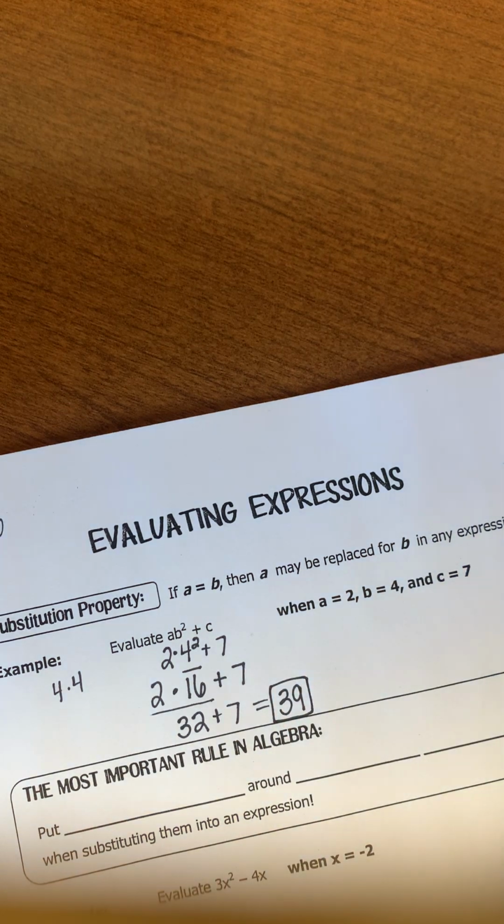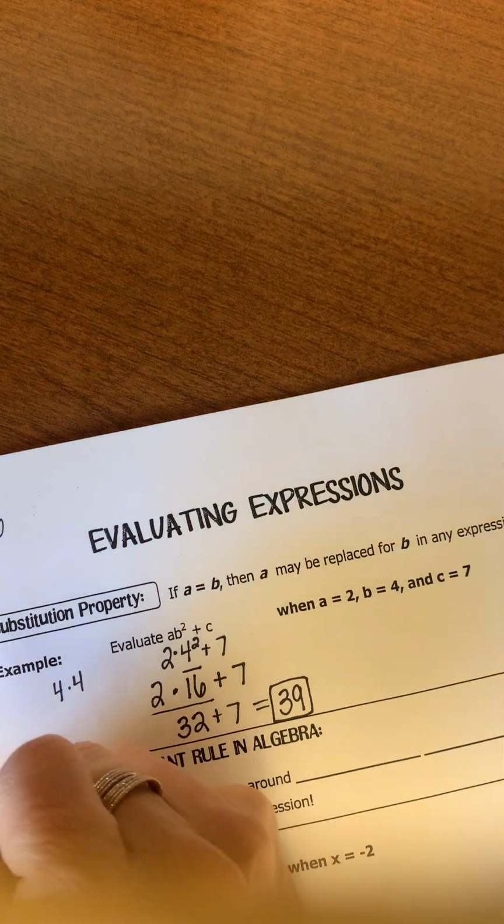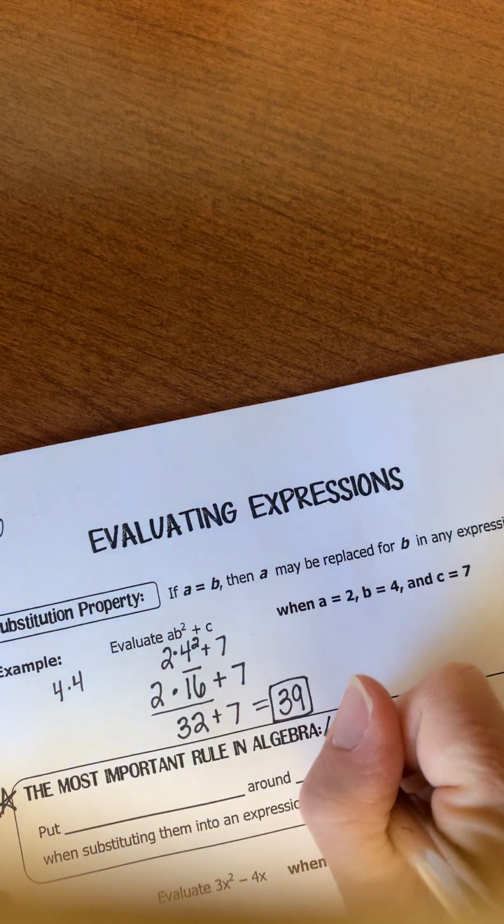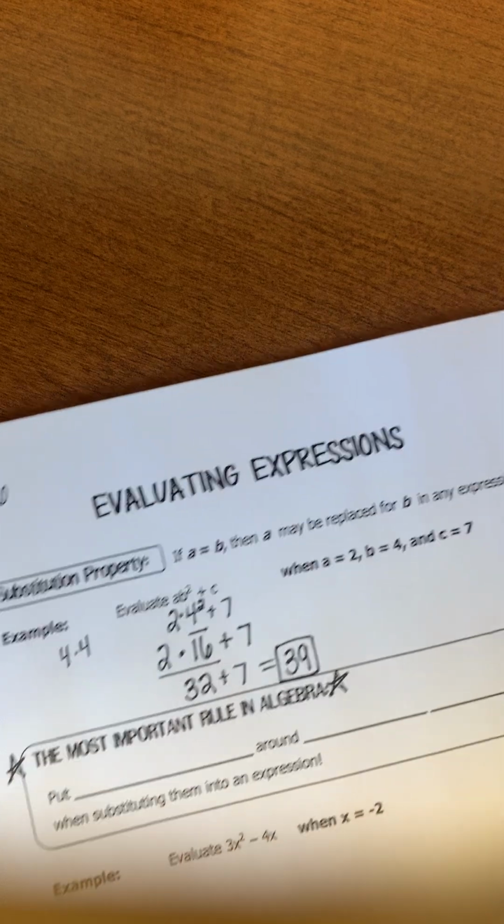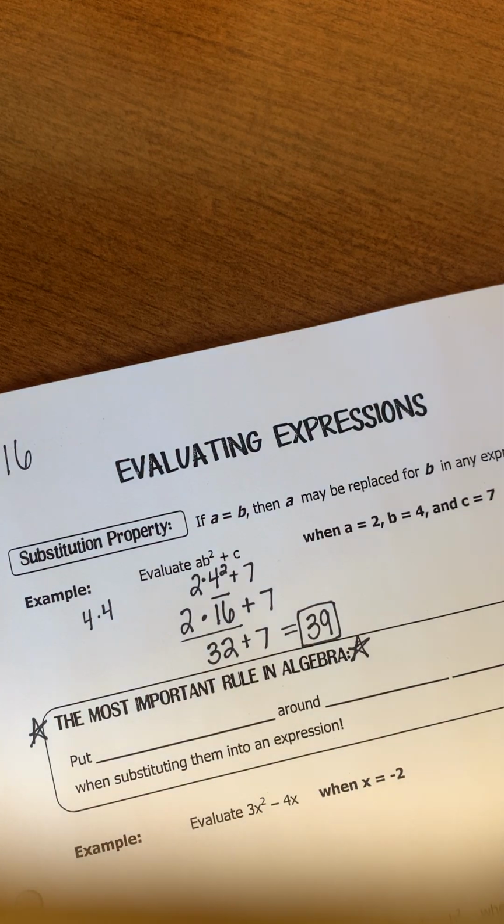Final answer. Now this is the most important rule in algebra. So star it, highlight it, flip out about it. If you don't remember this, then this lesson is going to be terribly difficult.